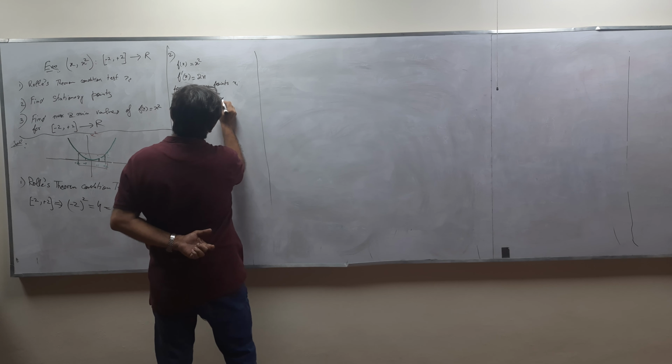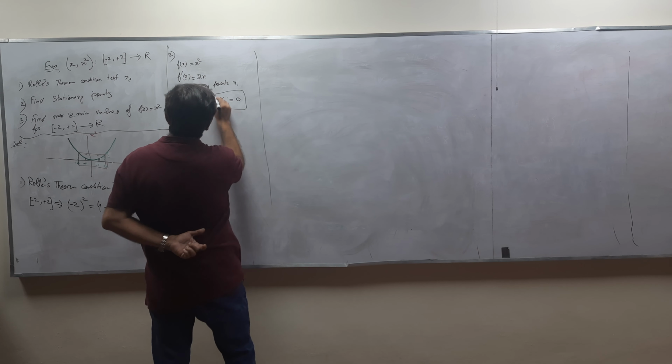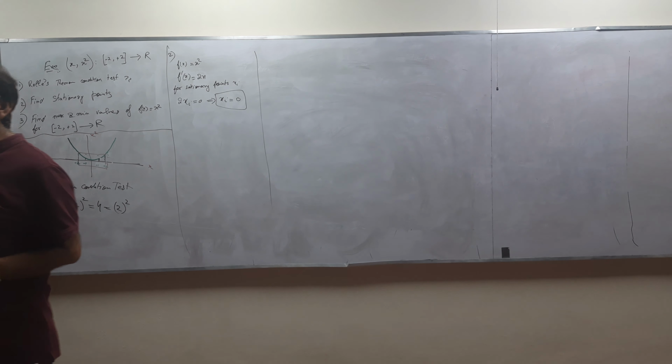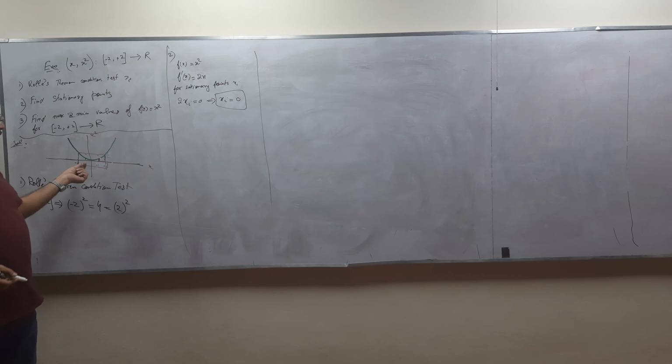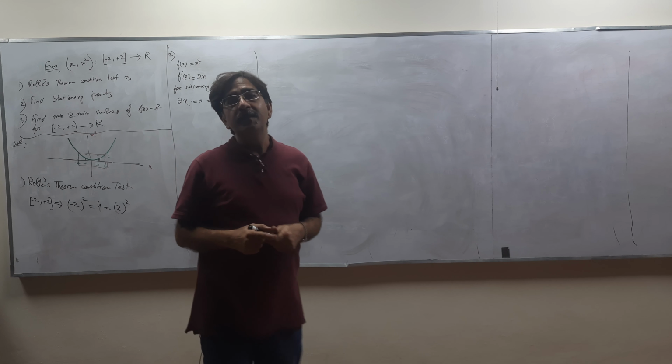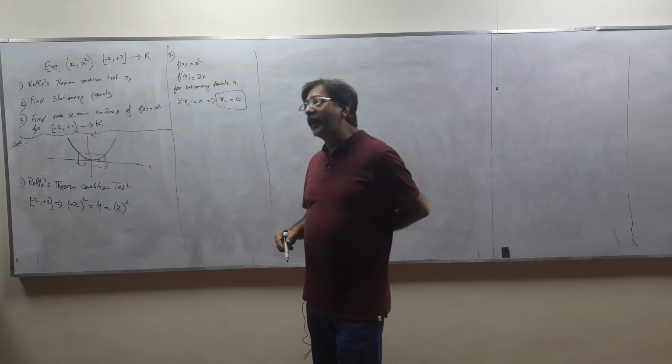This implies that xi is 0. So this is the stationary point; you can also observe in the graph that the minimum value is at x equal to 0. Okay.